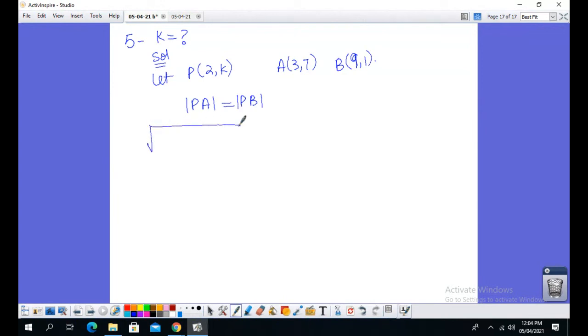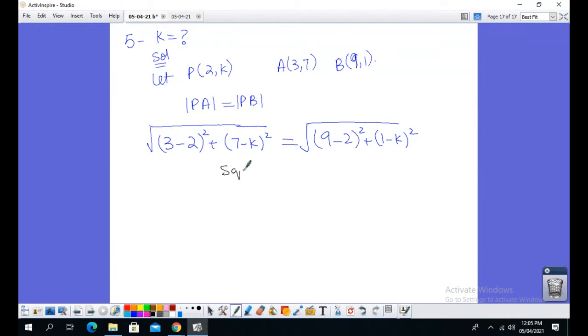If we take the distance from P to A, which is the square root of (x2 minus x1) squared plus (y2 minus y1) squared, it is equal to the distance from P to B, the square root of (x2 minus x1) squared plus (y2 minus y1) squared. After squaring both sides, the square roots cancel and we get this relation.